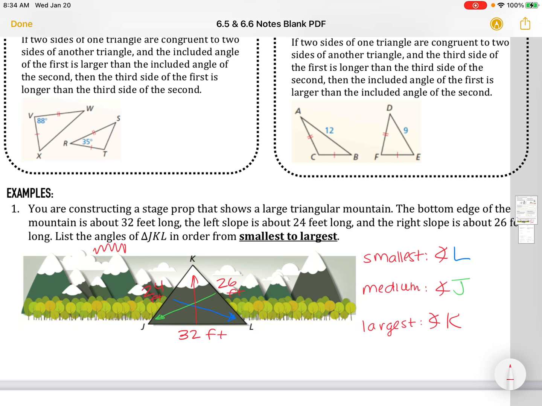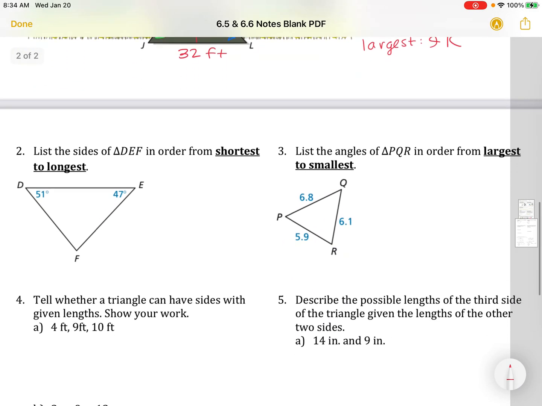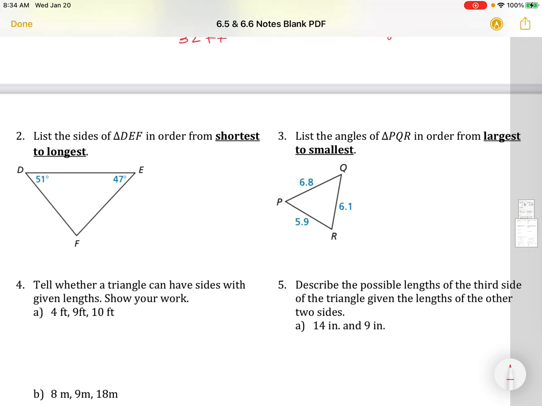We are going to do another example of this. Go to number 2. I think we're going to leave 3 for class. So if I want to label sides, I'm doing short, medium, long, and I'm going to put my segment symbols in just so I remember the names of the sides.